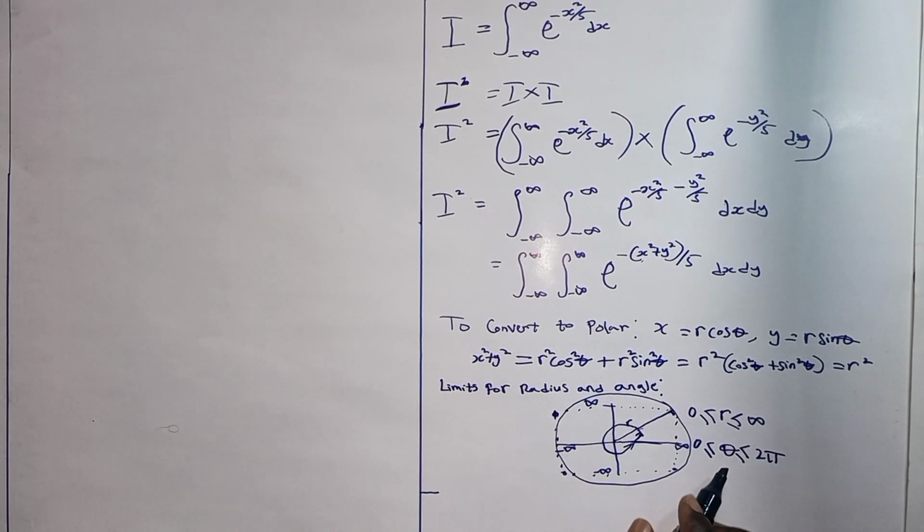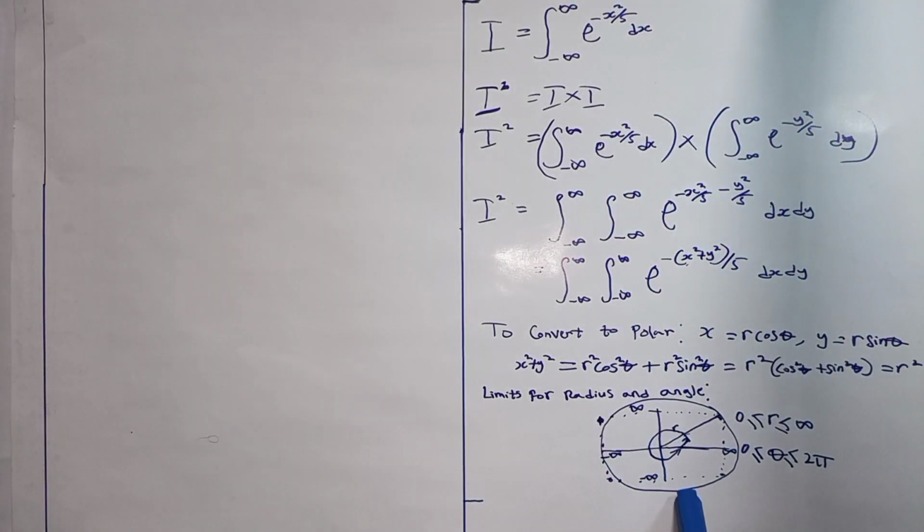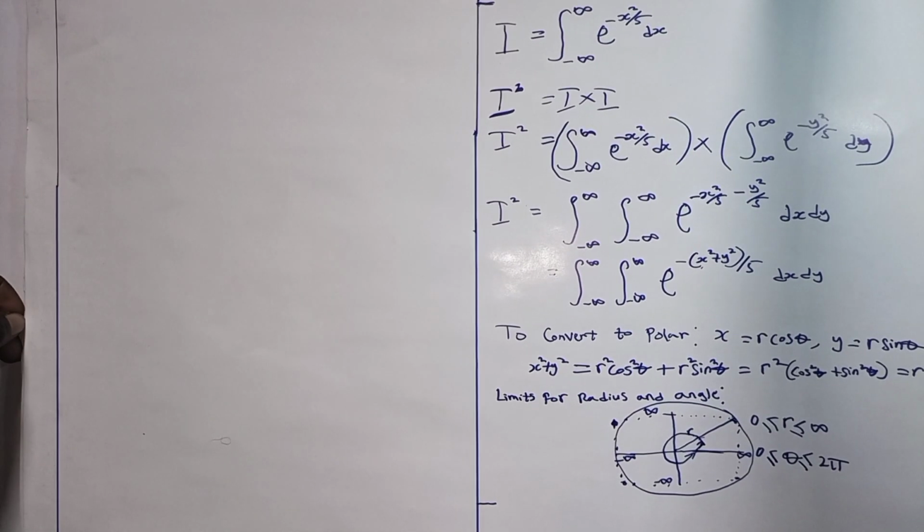So this is our limit for the new polar coordinates. This will be our upper and lower limits. Now let's get our new full integral. Our new full integral in polar form will be, so let me adjust this so you can see it.